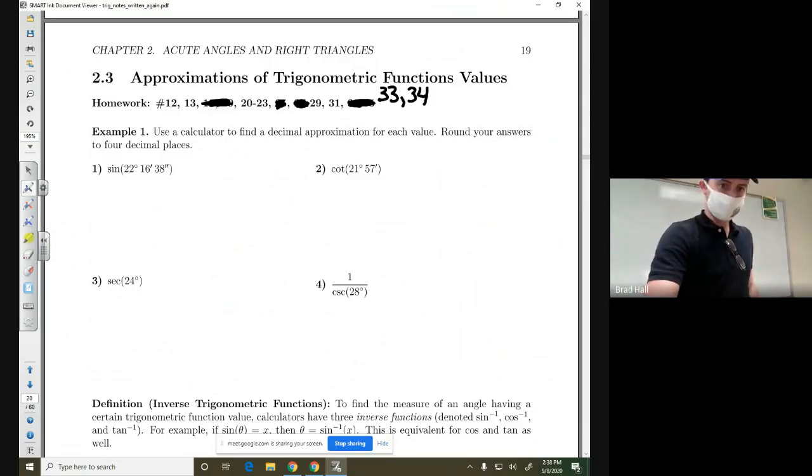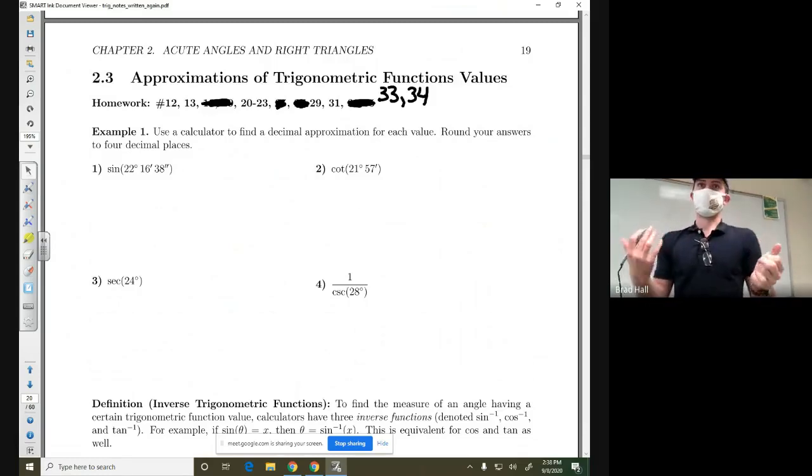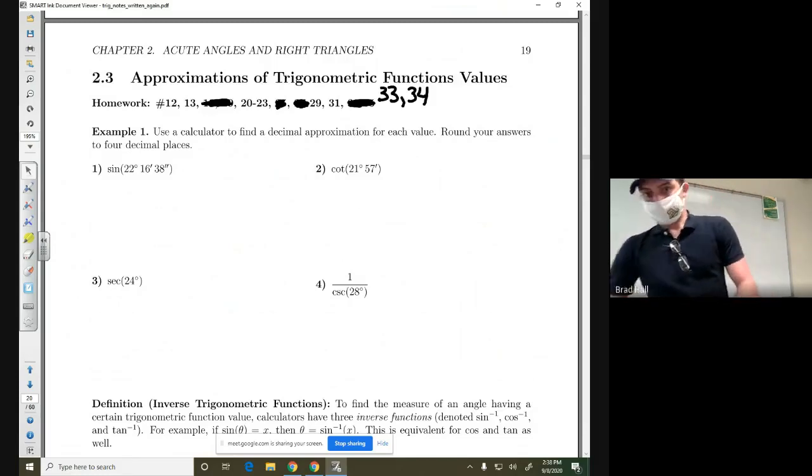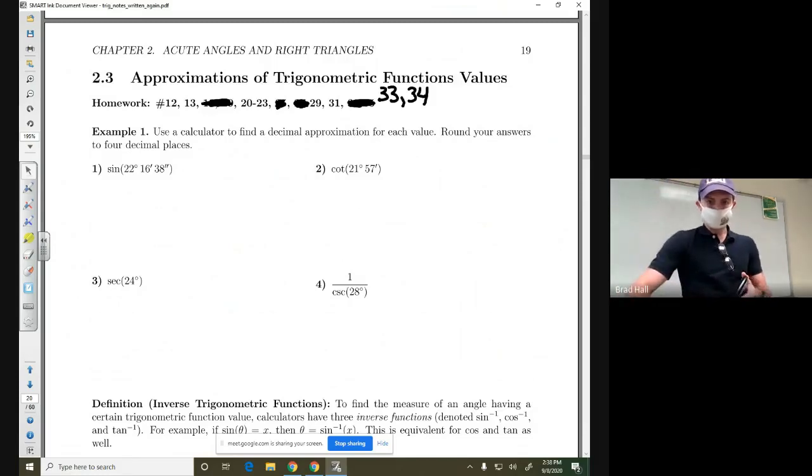But as I mentioned, I think the section's very straightforward. It is helpful. It's basically, well, how do I do all this in the calculator? So it even says, you can use a calculator. So a lot of these should be pretty quick to knock out.